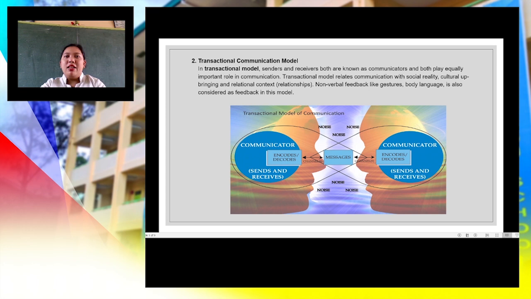Nonverbal feedback such as gestures and body language are also considered feedback in this model. So it's not only words that are regarded as feedback, but even nonverbal actions like gestures and body language.